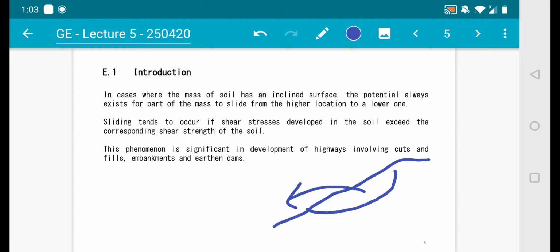This is when it's being explained in a technical context. You have shear stresses and also shear strength. This phenomenon is significant in the development of highways involving cuts and fills, embankments, and earthen dams.